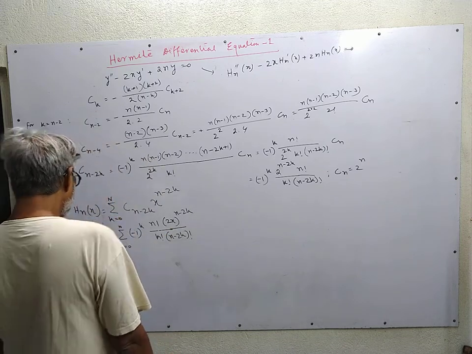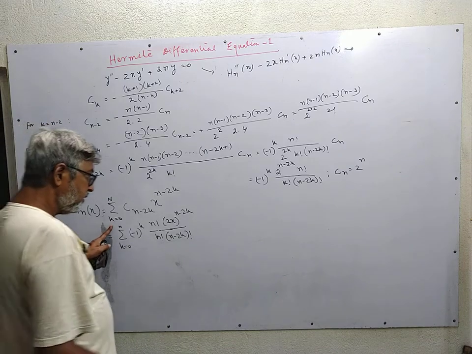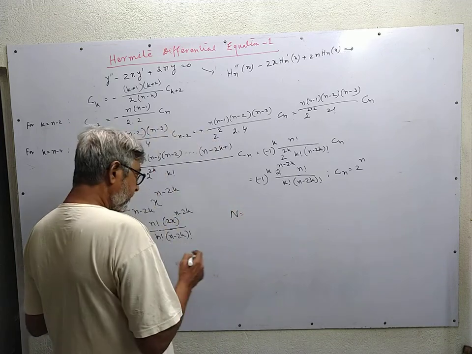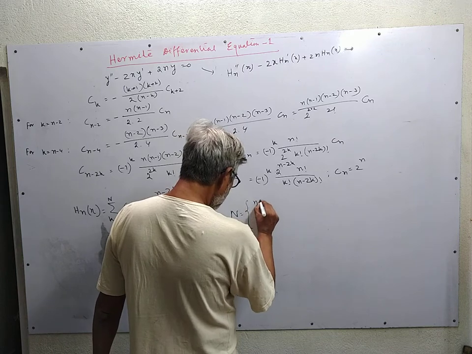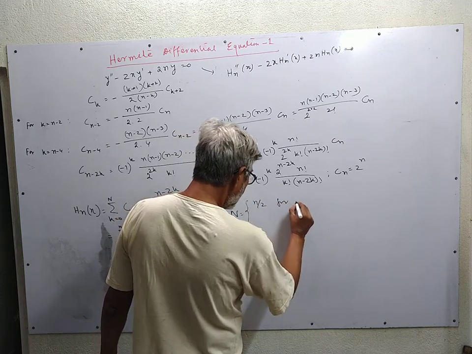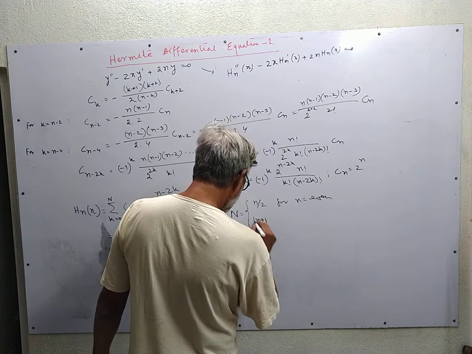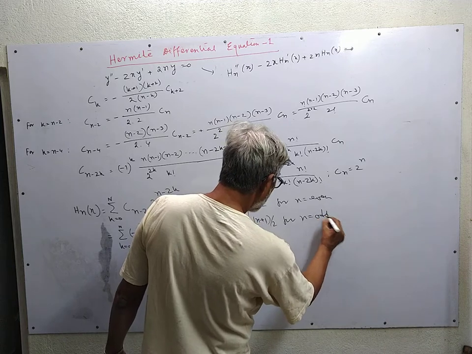This is the Hermite polynomial, and N is the number of terms, and this is n plus 1 by 2 for n is equal to odd.